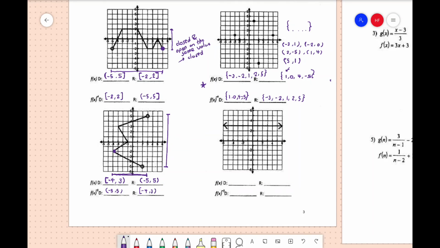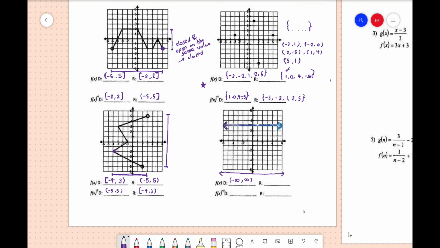And then last one, we've got this line here. It's hard to see. Alright, so here we got this line. I define the domain and the range. So if I have a line that's going straight left and right, my domain is all real numbers, -infinity to +infinity.